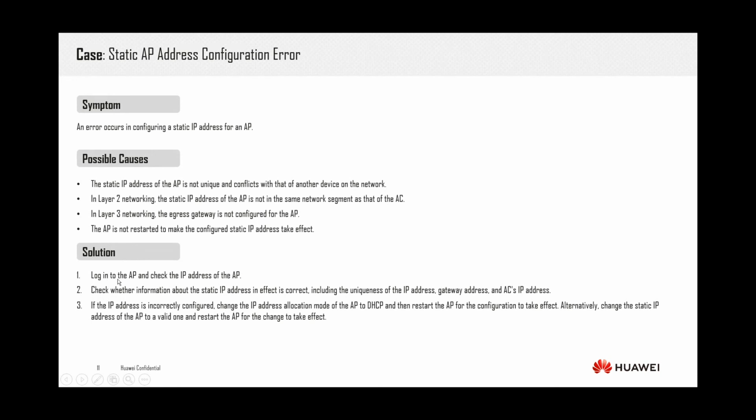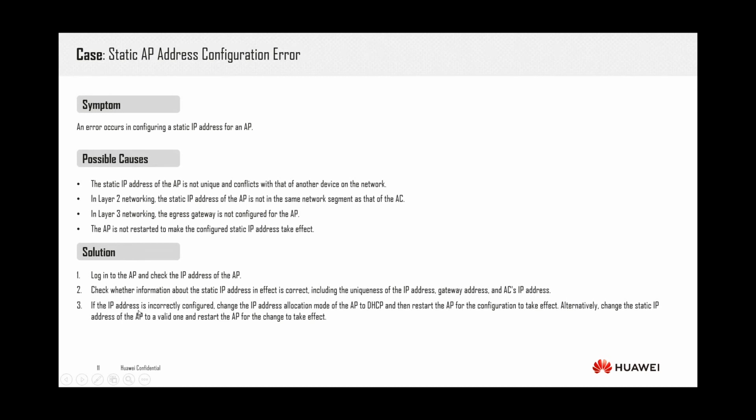So the first step, we can log in to the AP and check the IP address of the AP and check whether information about the static IP address in effect is correct, including the uniqueness of the IP address, gateway address, and AC's IP address.